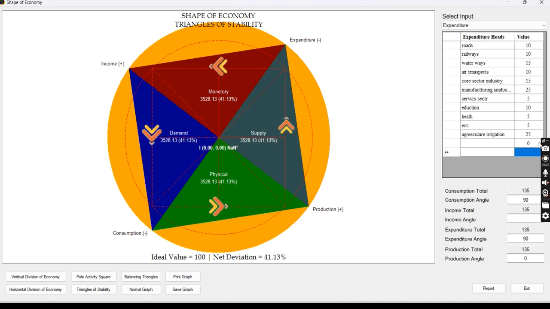All these scenarios I will explain one by one by using the same graph of the economy, and help you understand how the deviations are taking place and what they signify.